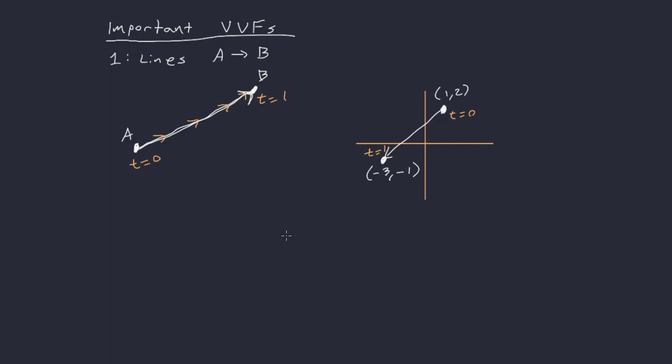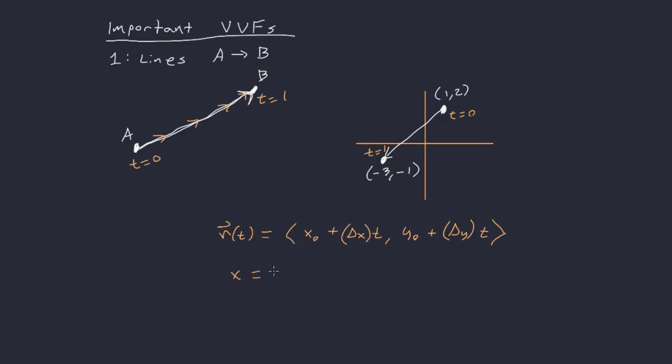All right, so here's the quickest way to do this as a vector valued function. Okay, in general, your r of t is going to be x naught plus delta x times t, and y naught plus delta y times t. All right, and the reason that works is what we're doing is this.